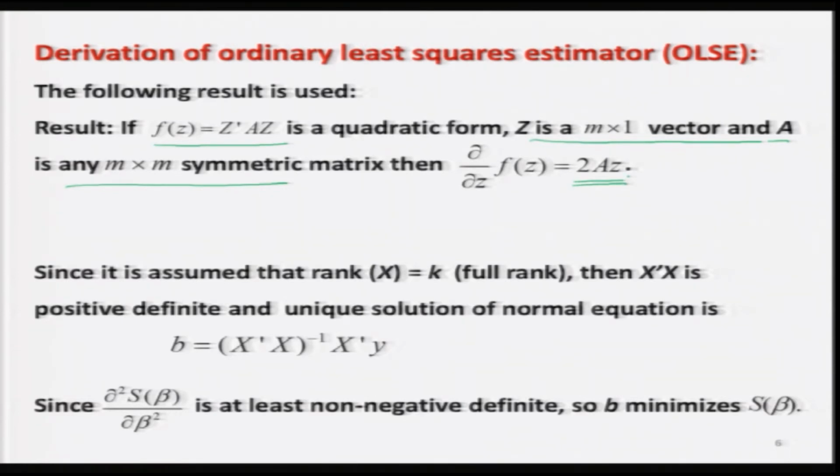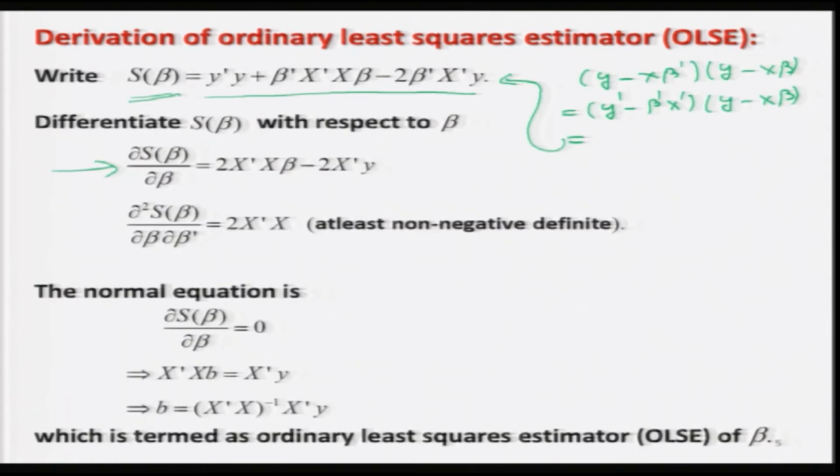This is the same result which I have used here. The differentiation of y transpose y will become 0, the differentiation of beta transpose x transpose x beta will be twice x transpose x beta, and the differential of twice beta transpose x transpose y is twice x transpose y.